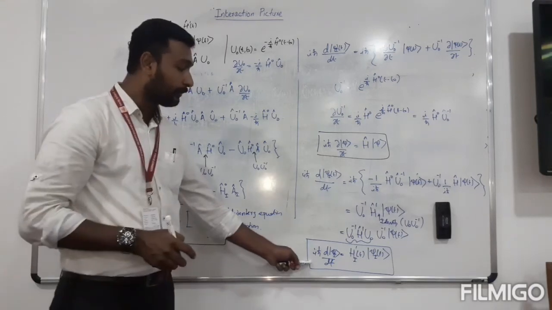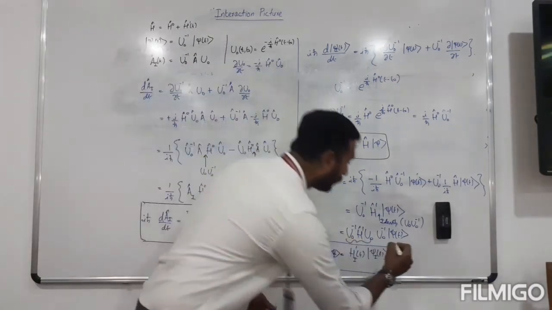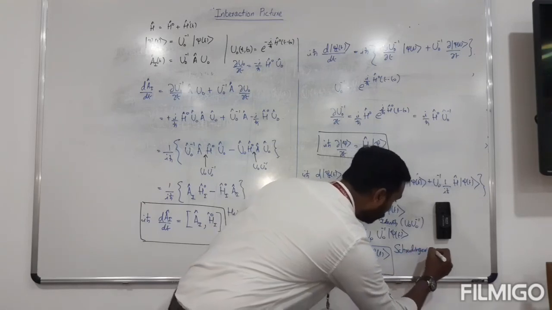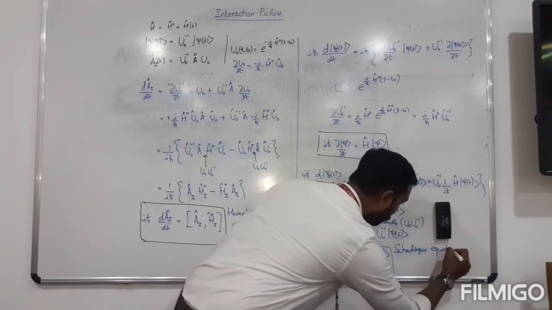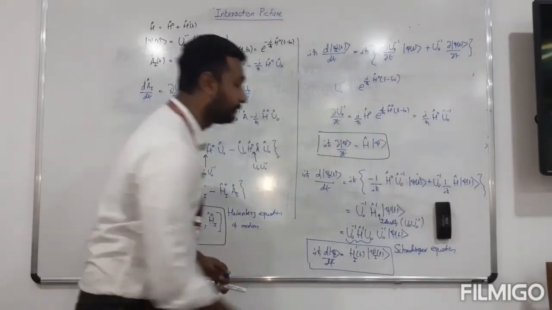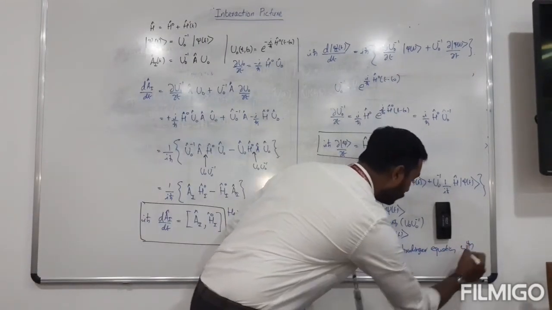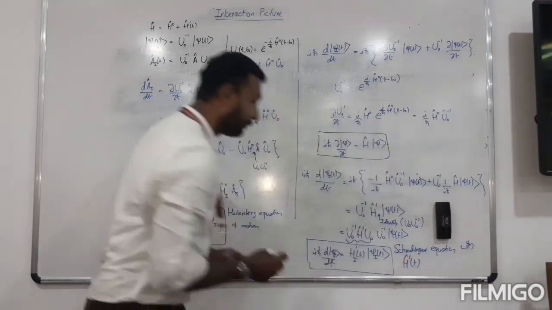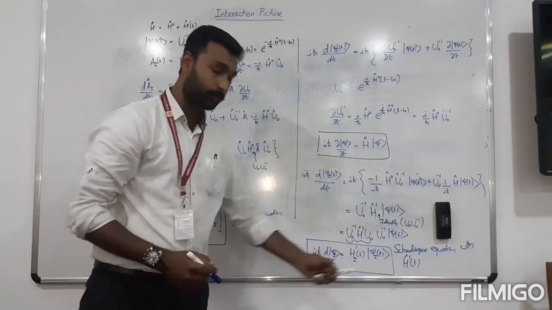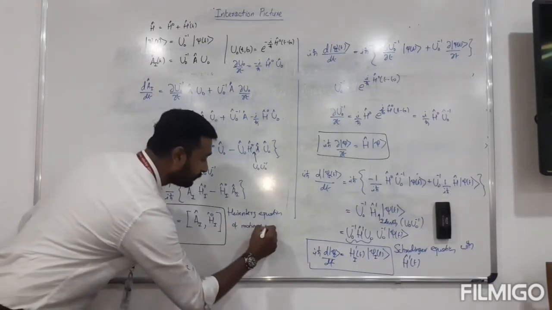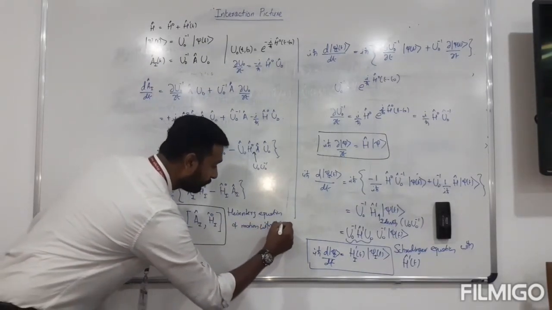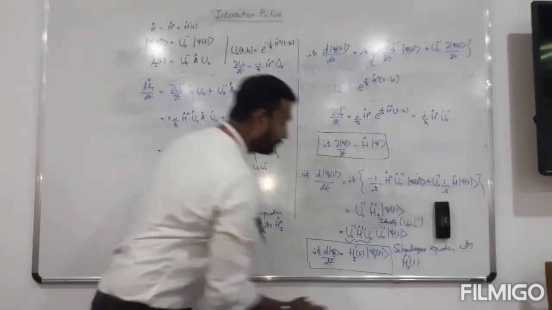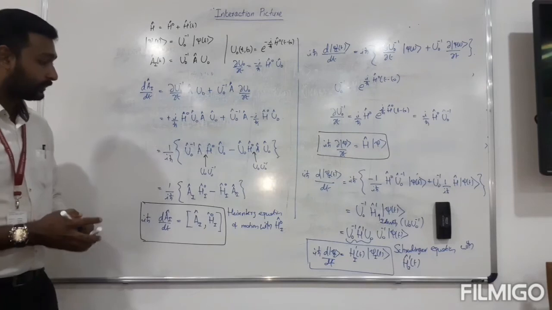Whereas the time evolution of the state vectors corresponds to the Schrodinger equation, with the time dependent part of the Hamiltonian used in this equation. Okay, so now it is very clear.